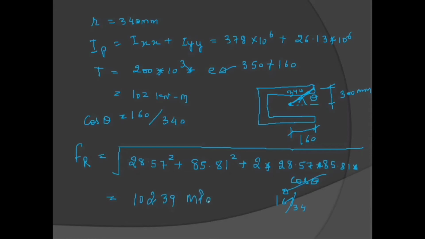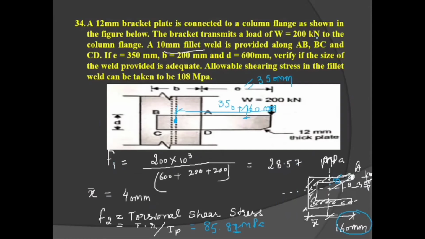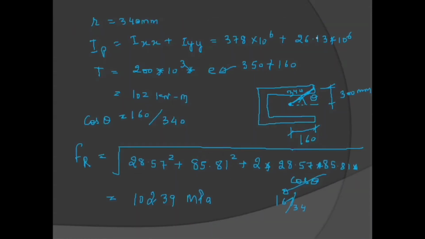This means this size of the weld can easily resist the 102.39 megapascal F resultant. The permissible stress is 108 megapascal.